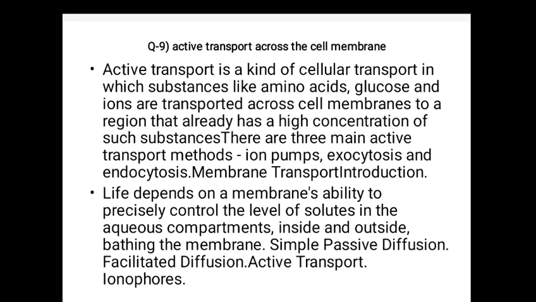Question number 9. Active transport across the cell membrane. Active transport is a kind of cellular transport in which substances like amino acids, glucose, and ions are transported across the cell membrane to a region that already has a high concentration of such substances.